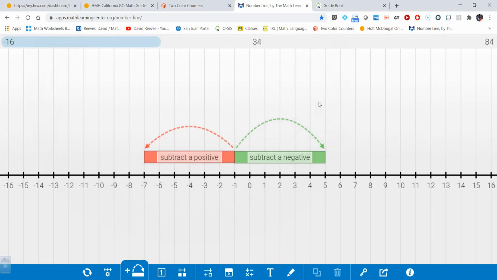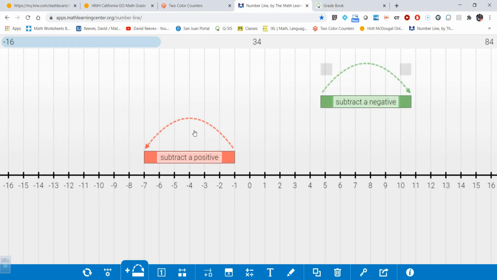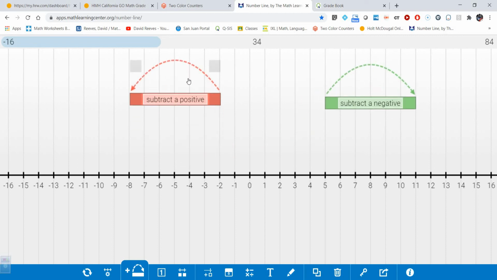I wanted to make those about the same height. So whenever you subtract a negative, you will go to the right. And whenever you subtract a positive, you will go to the left. That's what you do if you're going to subtract.